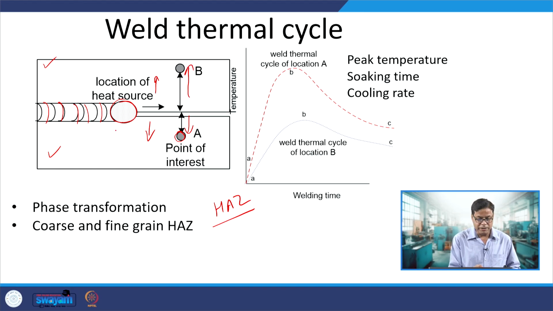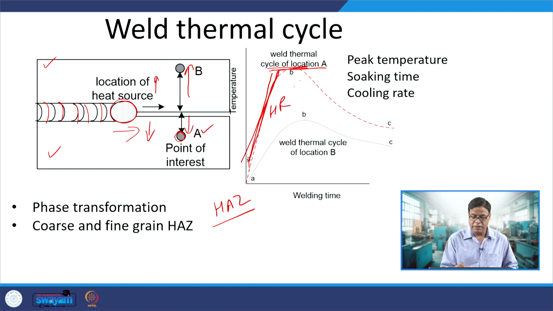So, when the heat source approaches these points, there is an initial rise in temperature. The rise in temperature is much faster and to a greater level. So, the location experiences a higher heating rate and a higher peak temperature.